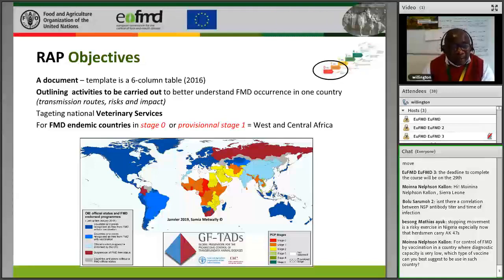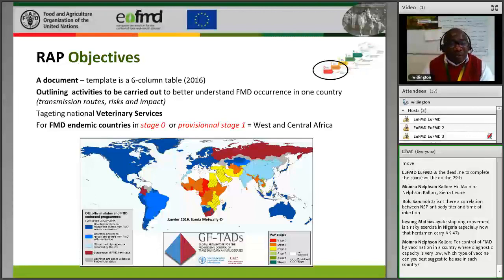Like I said, it is for countries where FMD is endemic in their context. Countries that don't have foot and mouth disease don't do a risk assessment plan.